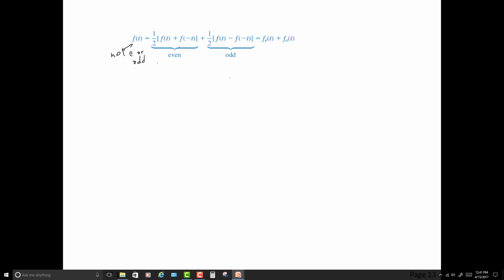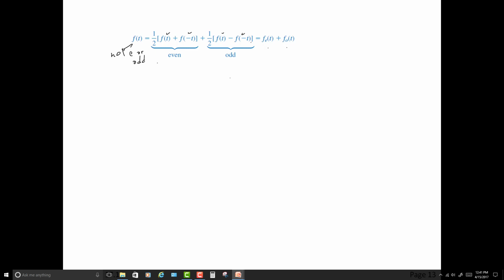Okay, notice what we've got going on here. This is even symmetry between this and this being expressed. This is odd symmetry being expressed. So we can decompose it into a set of even and odd symmetric functions, right? Some function can be decomposed into even and odd.